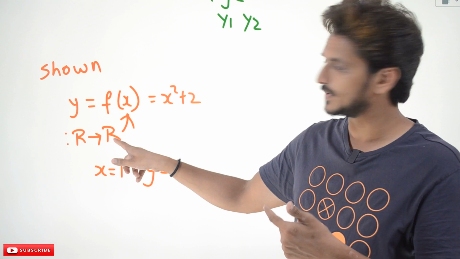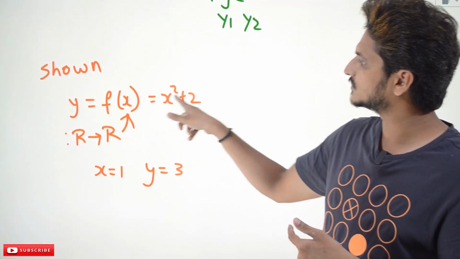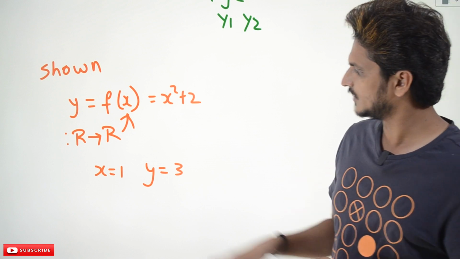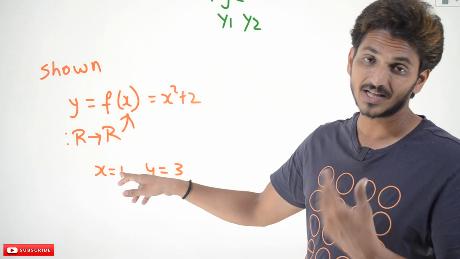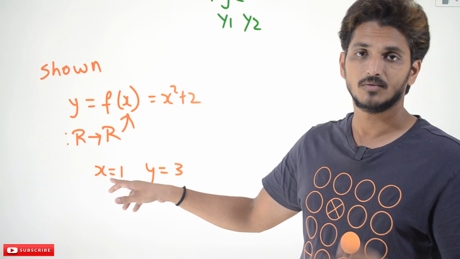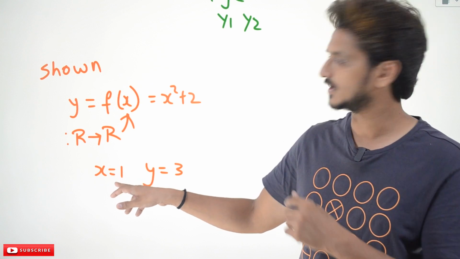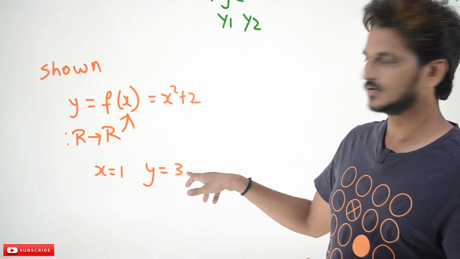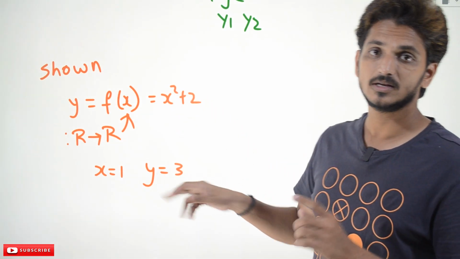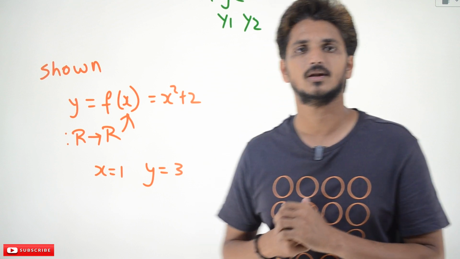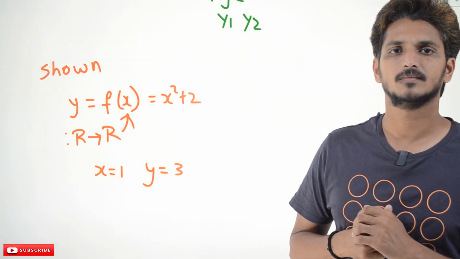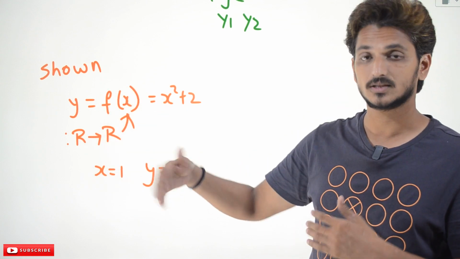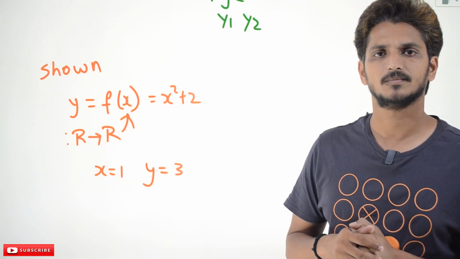How is it going to map? y is equal to f of x is equal to x square plus 2. Let's take an example. You can take any element from the real numbers, minus infinity to plus infinity. If x is equal to 1, substitute here: 1 square plus 2, y is equal to 3. So (1, 3) is an ordered pair in our relation. This is the other way we are going to show functions.